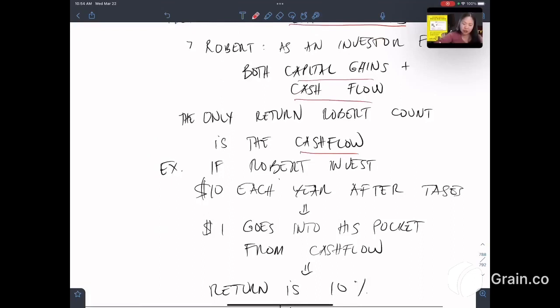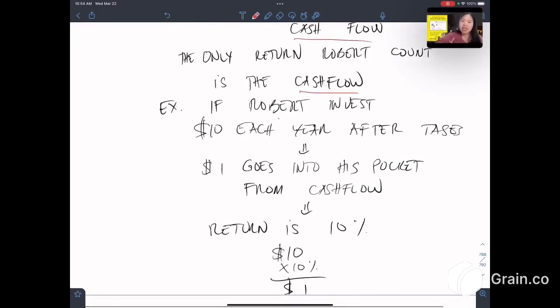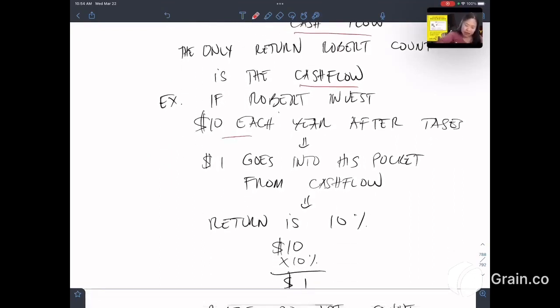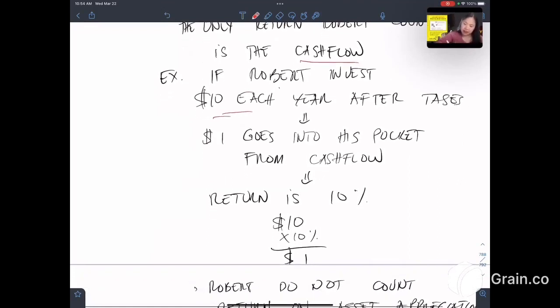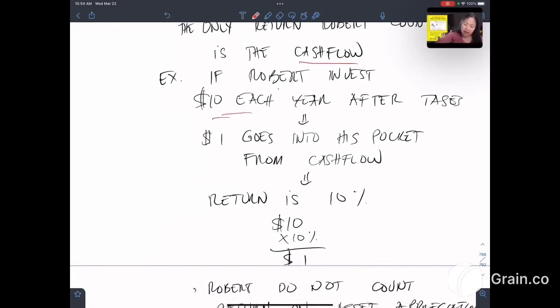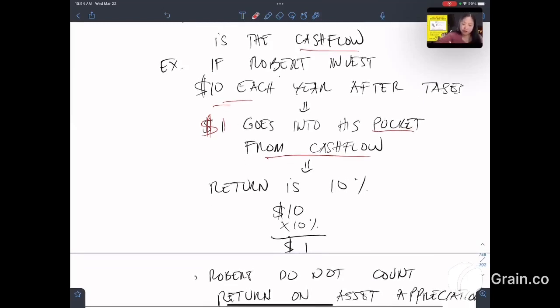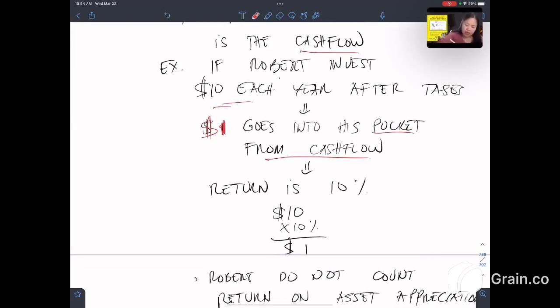is the cash flow. So if Robert invests that $10, each year, now that $10, he earns $1. $1 goes into his pocket from the cash flow. Therefore, that $1 is now a 10% return.